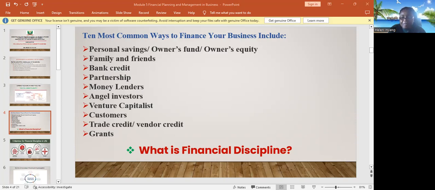These people hardly invest in new businesses unless there is a significant profit potential which can be identified and measured.